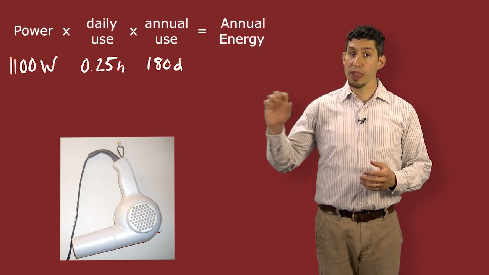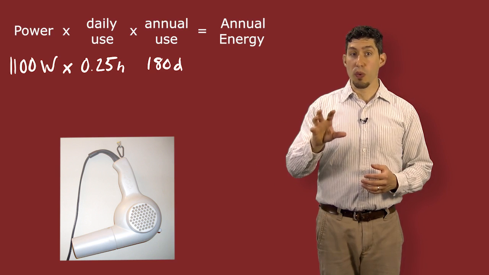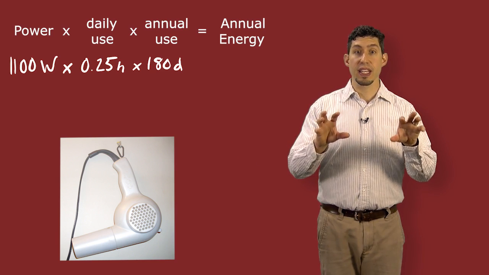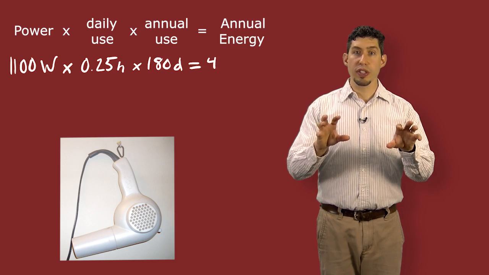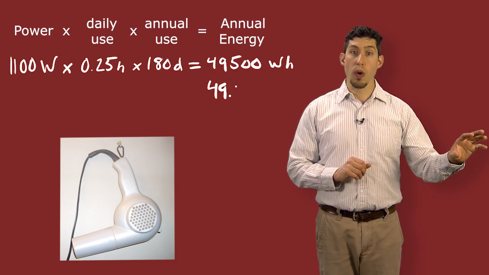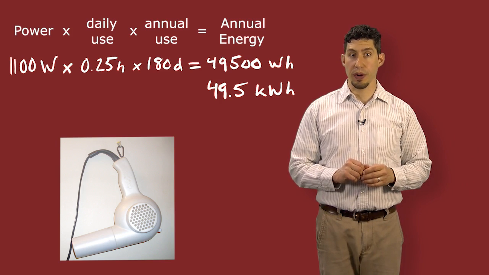One might use that same hairdryer for about 180 days per year. So we can then multiply the 1,100 watts by the 0.25 hours, by the 180 days that it's in use per year. That means that the hairdryer consumes 49,500 watt hours, or 49.5 kilowatt hours per year.